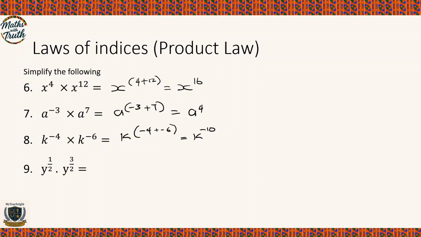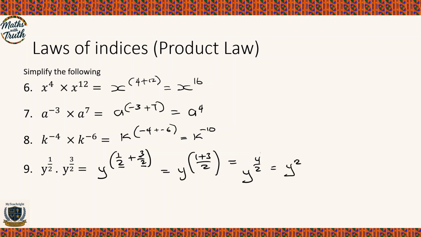We'll look at that again in later videos. So here, just treat them like any exponents. We have y exponent half plus 3/2. Since they have the same denominator, you only work with the numerators. We have 1 plus 3 over 2, which is y exponent 4/2, which is equal to y exponent 2.